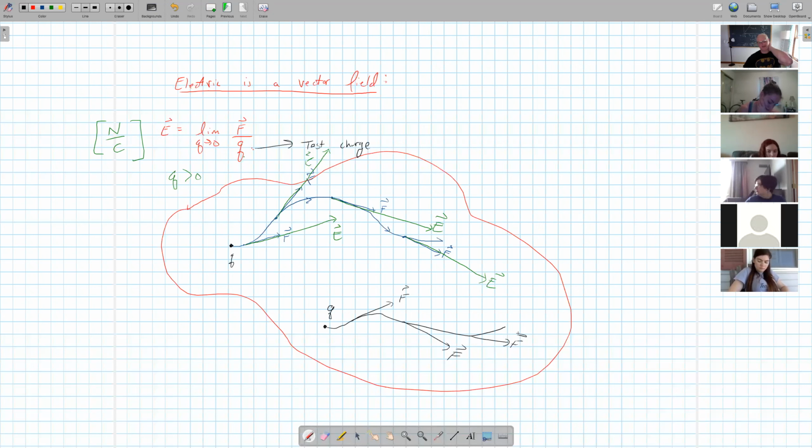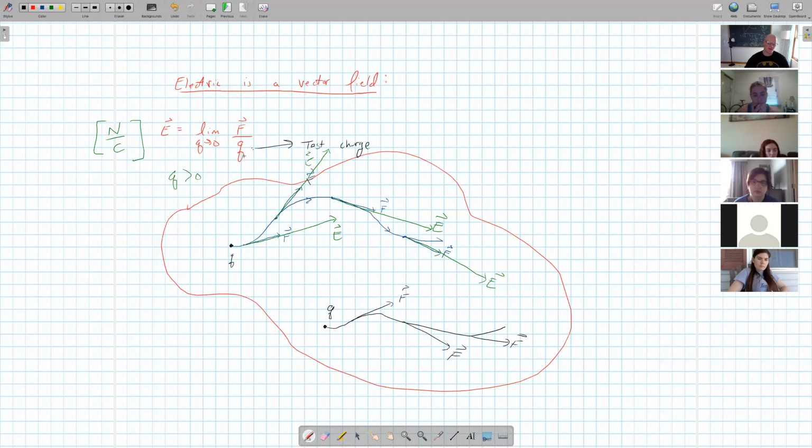So the way we map out the electric field is by taking the test charge, throwing it into the electric field configuration, watching the force which happens on it due to this electric field, and then we can map out exactly what the electric field looks like. So again, the charge itself is interacting with the electric field, which is generating the force.